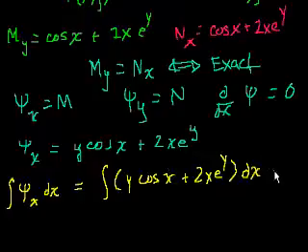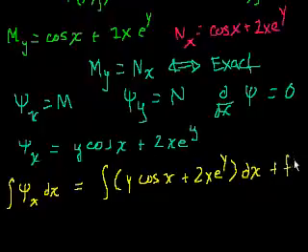But since this was a partial with respect to x, we could have had some function of y here in general, because y we treated as a constant, right? And that makes sense, because if you were to take the partial of a function that is only a function of y with respect to x, you would have gotten a 0.